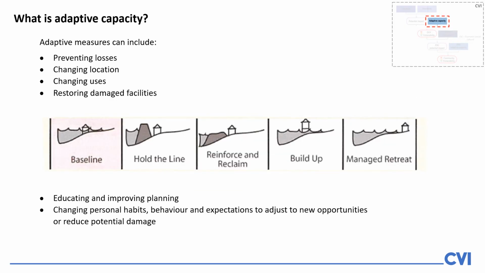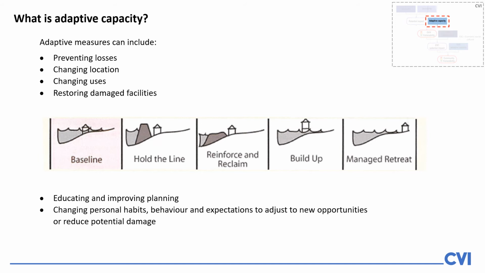Adaptive capacity is the next important aspect, the next important input. And this can comprise things like preventing the losses of your values, changing the location to minimise the impact, changing the uses of the activities, or restoring your damaged facilities. This little schematic in the middle here gives us an idea of, in this case, a value being inundated by rising sea level or storms.